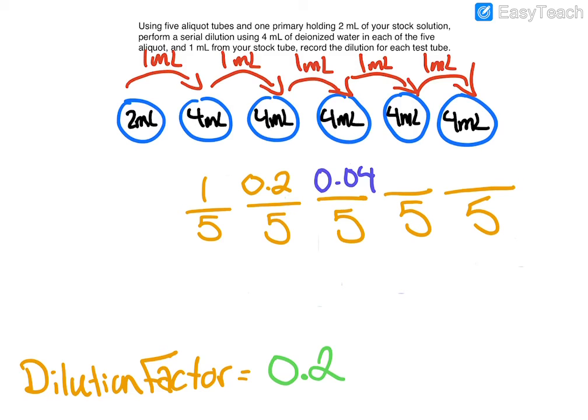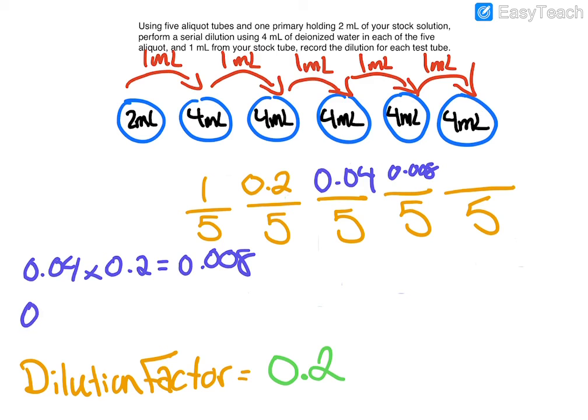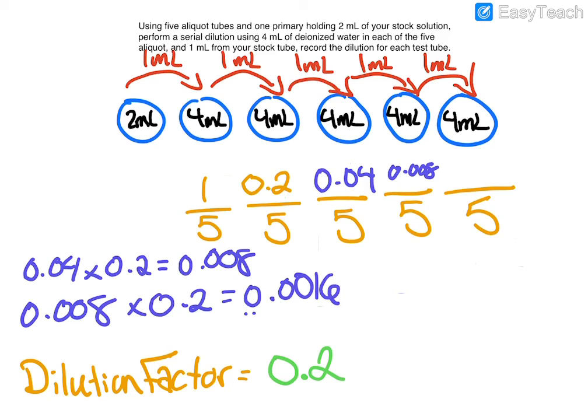Then to get the last 2 numbers, you simply multiply 0.04 by our dilution factor 0.2, which equals 0.008. And then our last one is 0.008 times our dilution factor 0.2, which equals 0.0016.